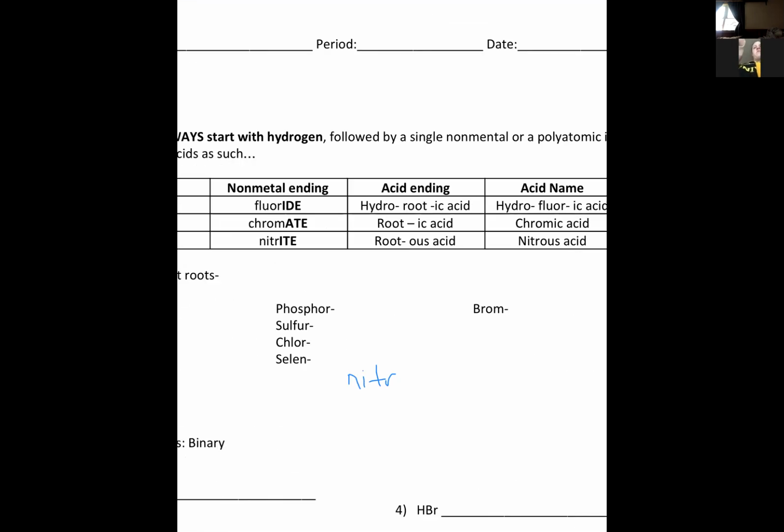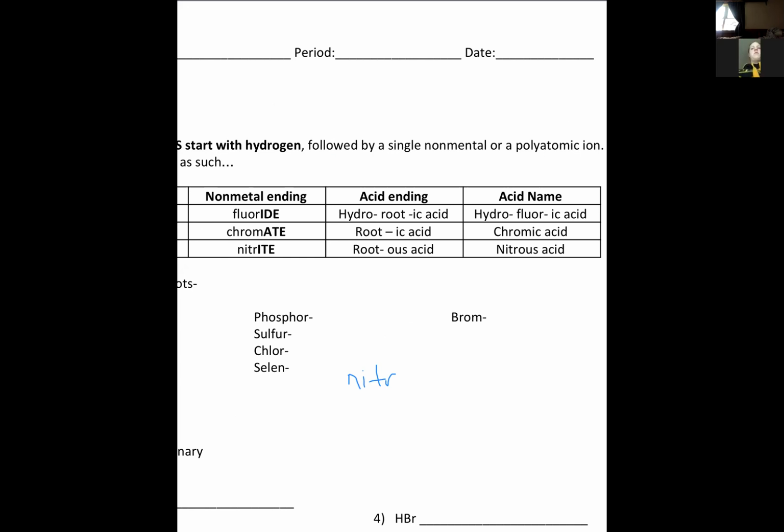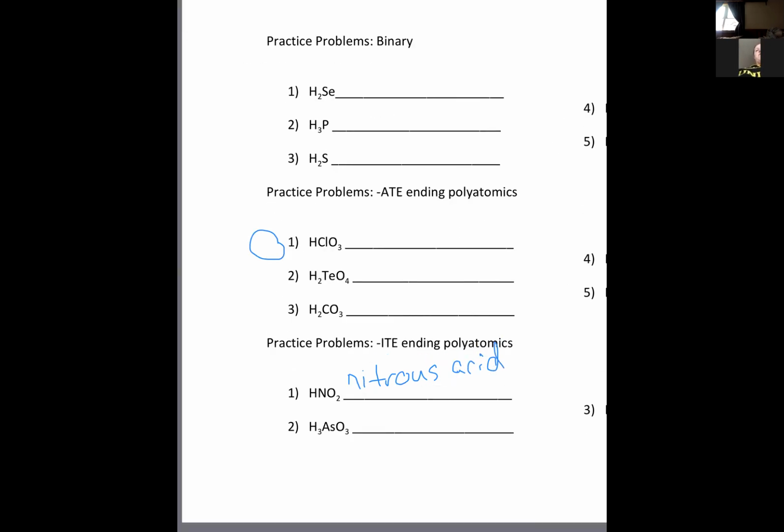Now I go over here, and nitrate is already my example. But again, you have the root, which is nitra. Because it started out with ite, you're going to have nitrous acid, and that is going to be your name, and that can go down over here.